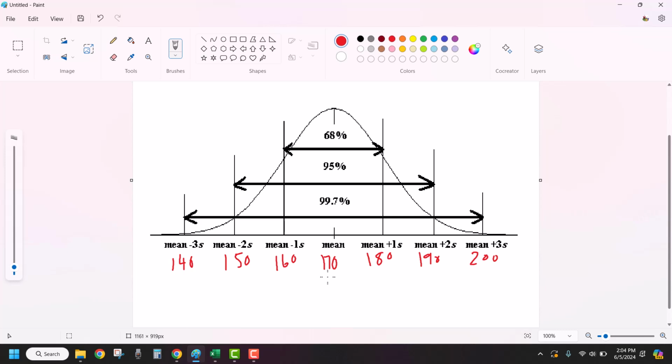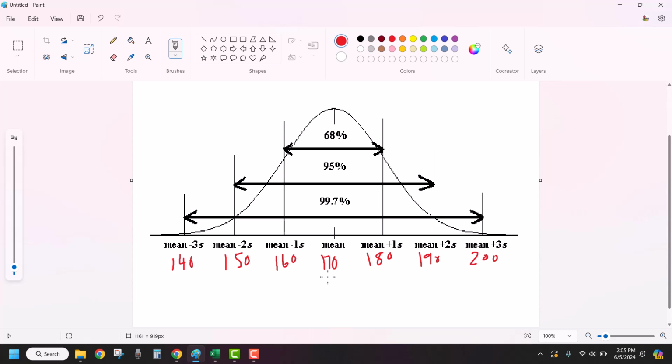So what the 68, 95, 99.7 rule says is that 68% of women would weigh between 160 and 180 pounds, if my numbers weren't just numbers that I had made up. And 95% of adult women would be between 150 and 190 pounds. And 99.7% of women would be between 140 and 200 pounds.